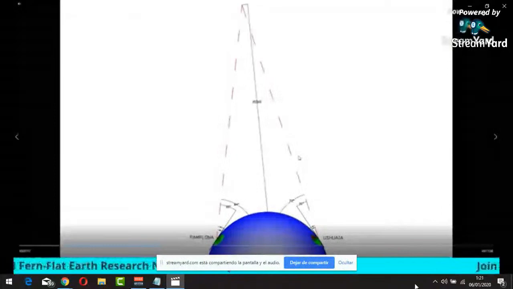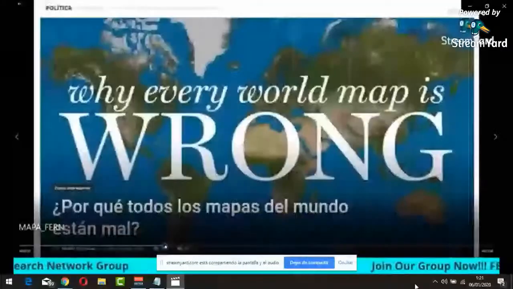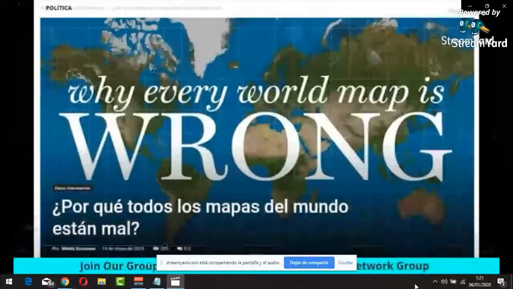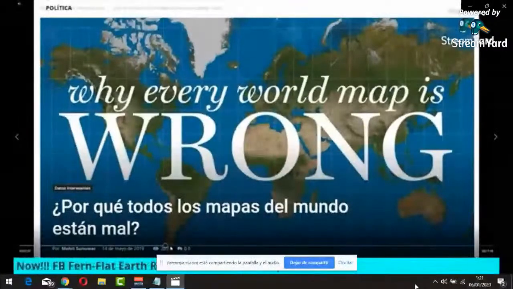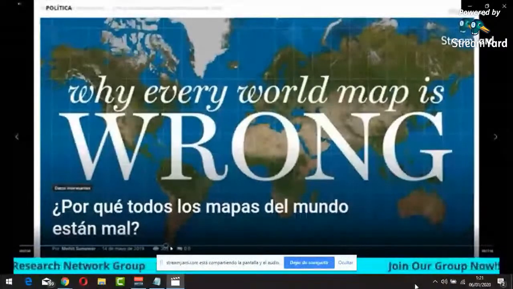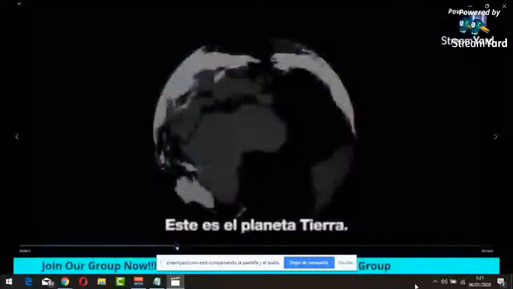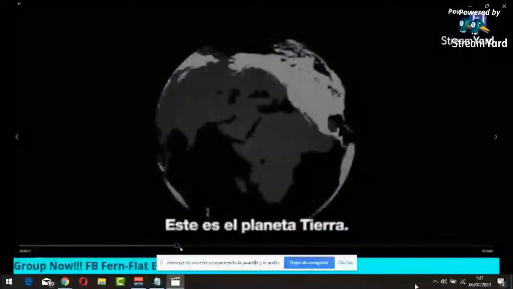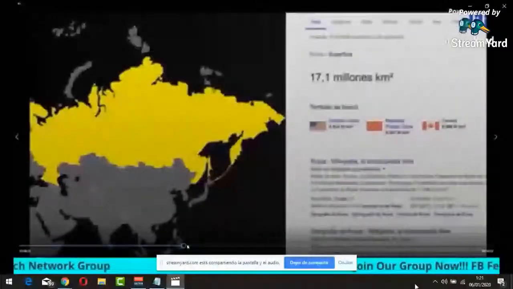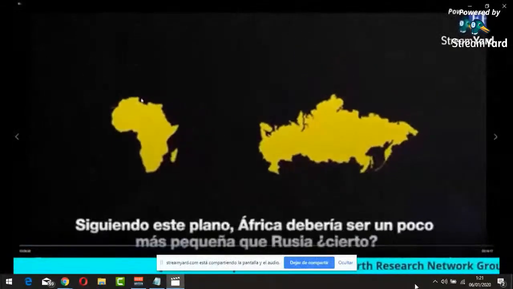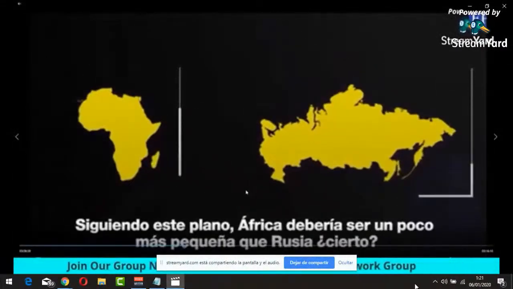But we found a solution. The first approach is that we understand that the maps are probably not real. Everybody knows this. If you don't know this, you must Google it and check that probably all the maps of the world are wrong, because they give a shape of the lands and a position of the lands that is not exactly real.